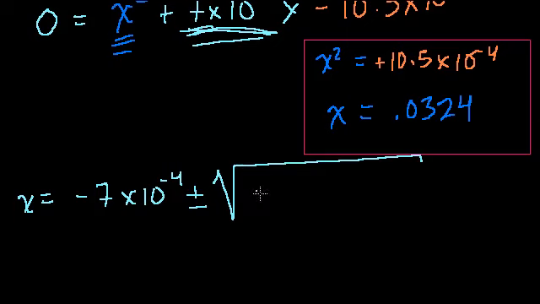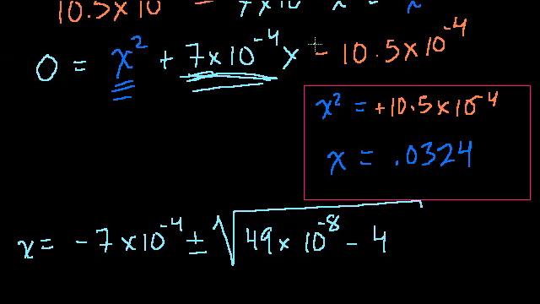So b squared is 49 times 10 to the minus 8, right? 7 squared, and then 10 to the minus 4 squared is 10 to the minus 8, minus 4 times a, which is 1, times c. Well, c has a minus sign there.